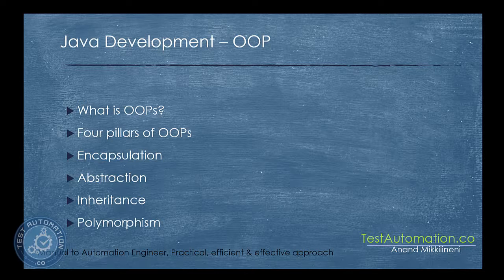Whereas abstraction is a principle by which only essential details are exposed to the user. In the same example of an employee, I can expose add name, add salary, add SSN.